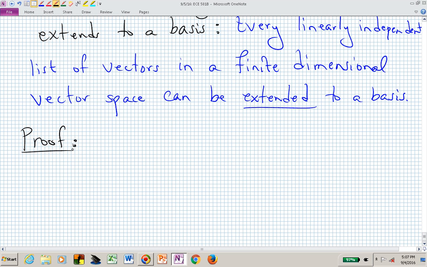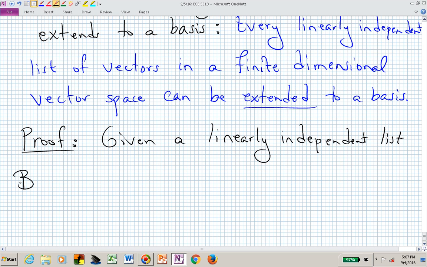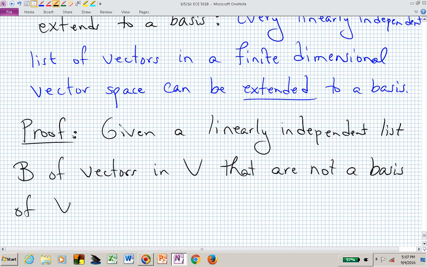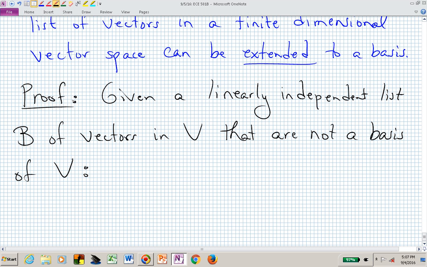Here's our justification or proof. Given a linearly independent list, again, let's call that list B, of vectors in our vector space V that are not a basis of V. So now we have a set of vectors that are linearly independent, but they don't form a basis for a vector space.